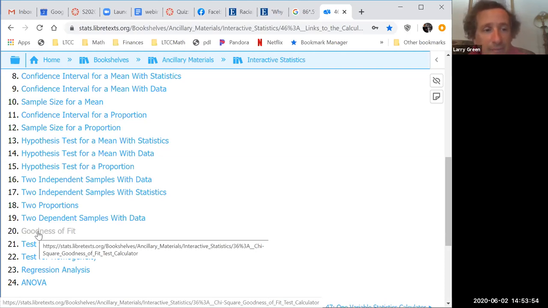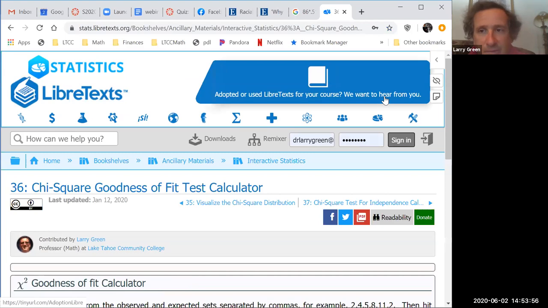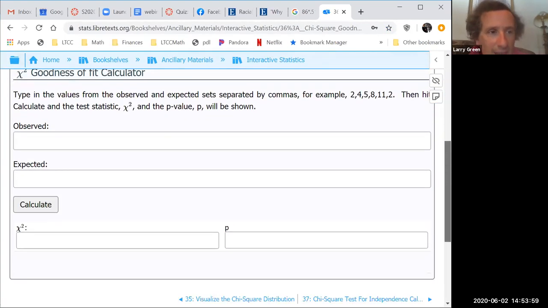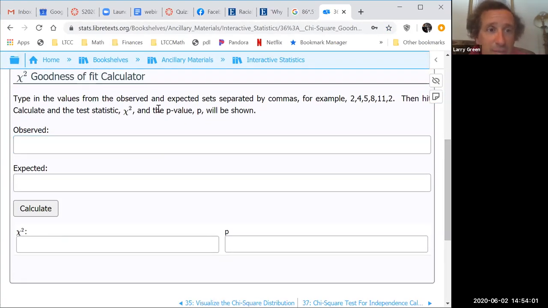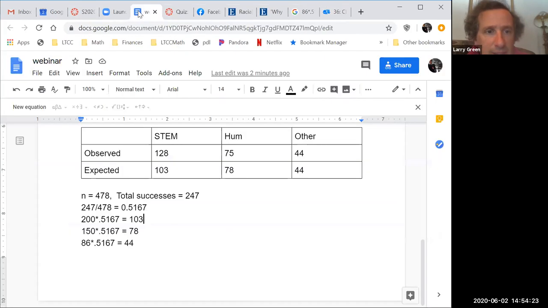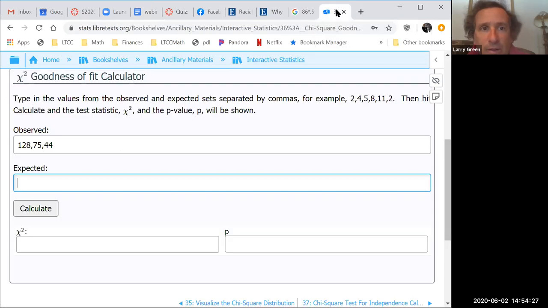So I click on that. And here's what it says. Type in the values from the observed and expected set separated by commas. So what I'm going to do is 128, comma 75, comma 44. Those are the observed. The expected were 103, 78, and 44.